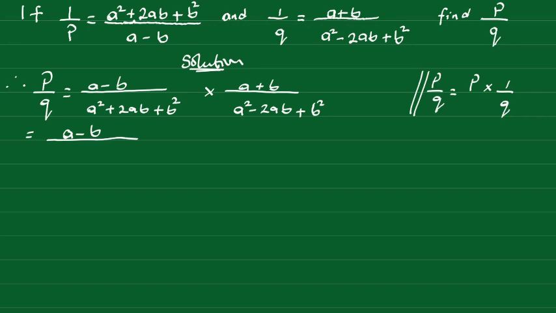So at our denominator, we have a squared plus ab plus ab plus b squared, times a plus b, divided by a squared minus 2ab plus b squared.